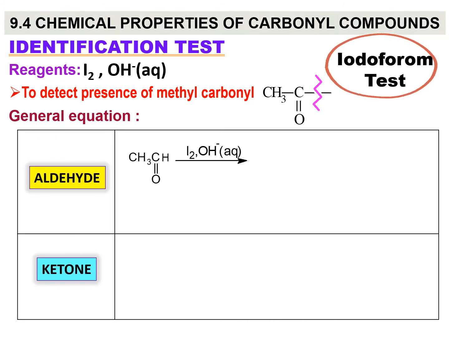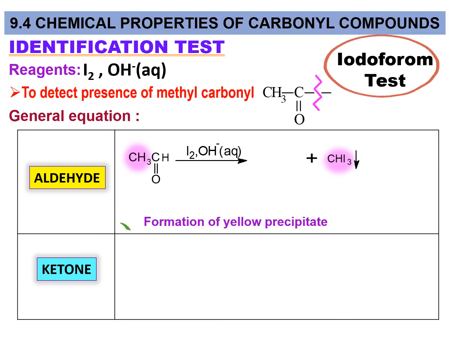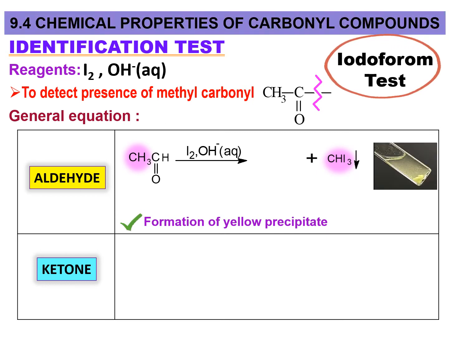Reaction with aldehyde. Here we use the example of ethanal. As we can see in the structure of ethanal, there is a methyl group. The methyl group on this ethanal will come out as triiodomethane, which gives a formation of yellow precipitate.